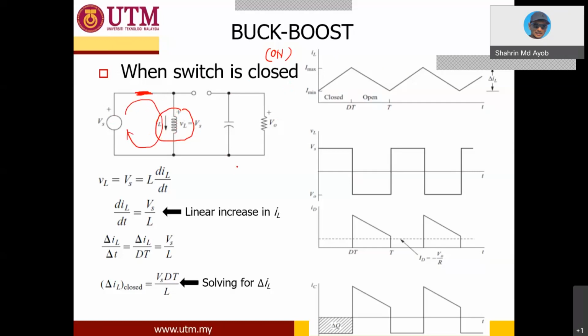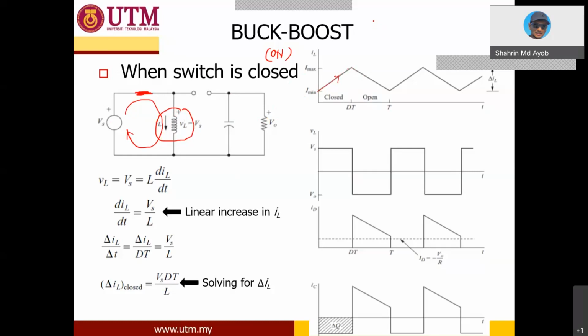We know that the charge of the inductor is proportional to the current inside it. When it is charging, the current is in the positive direction, increasing from I min to I max.